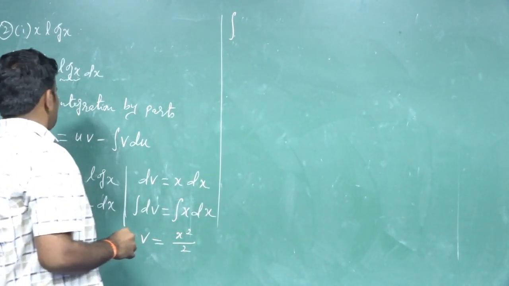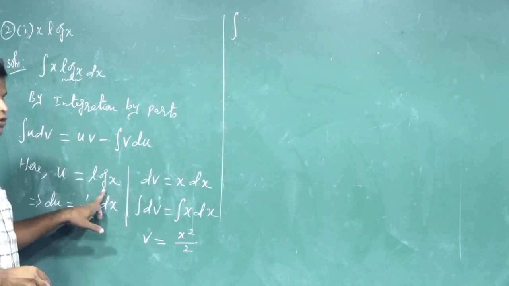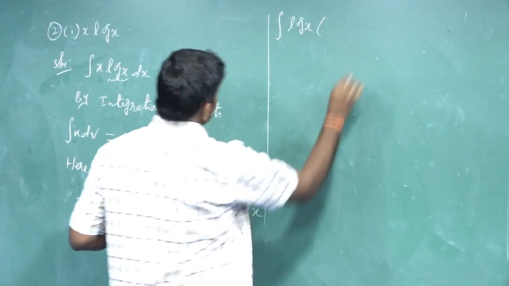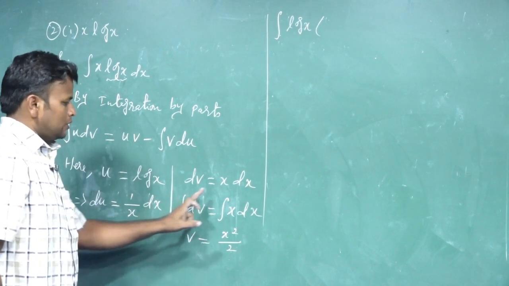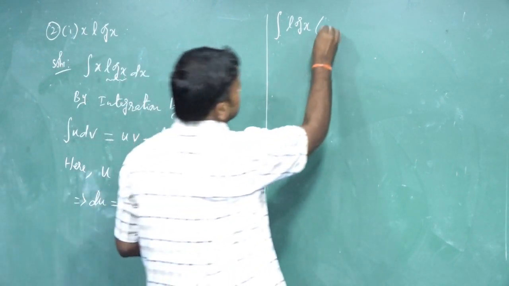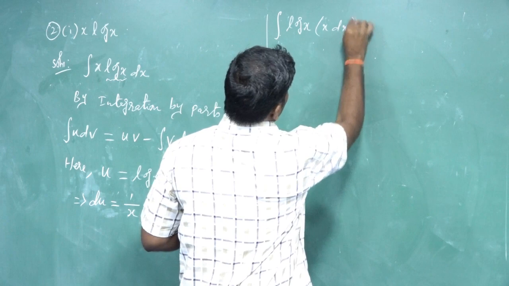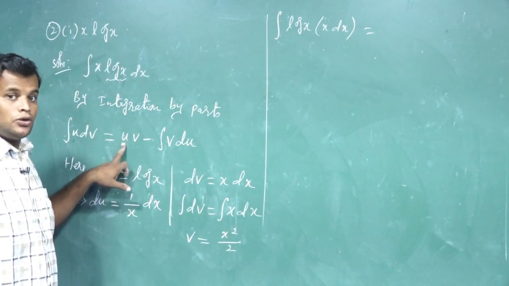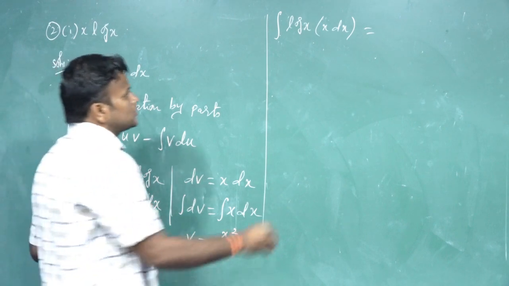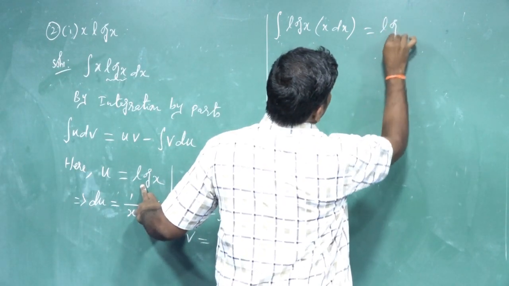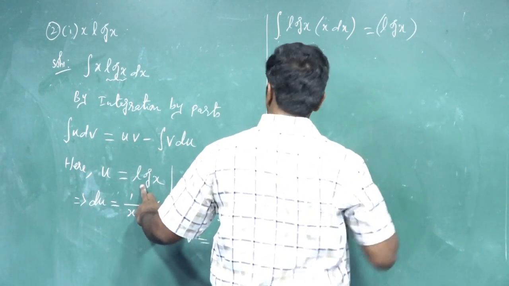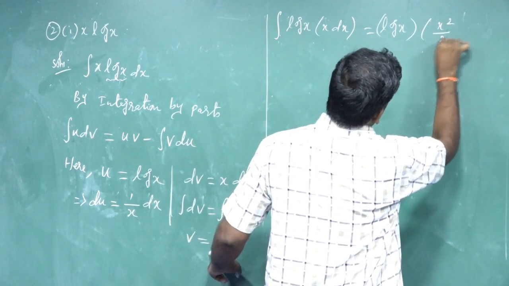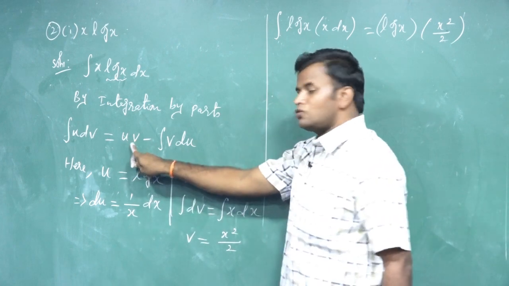Integration of u, which is log x, into dv, which is x dx, is equal to: RHS starting term u, the value of u is log x, into v, the value of v is x square by 2. The first term is uv.